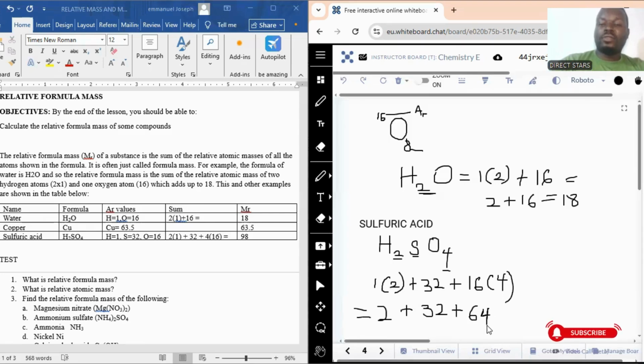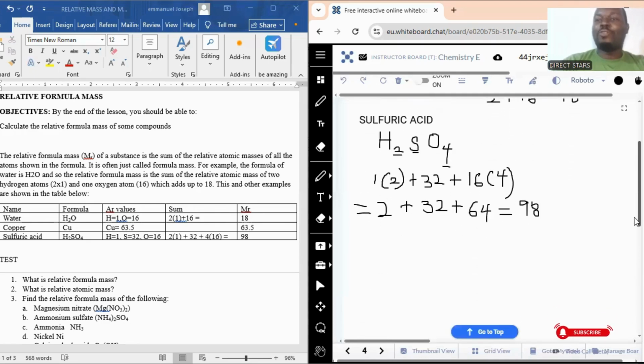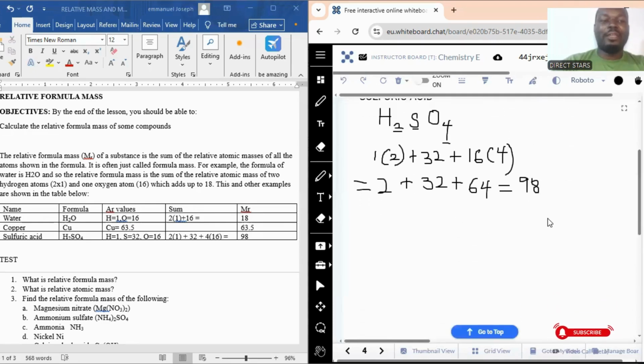Okay, so when you add all this up, you get 98 as the formula mass of sulfuric acid. So class, you can see it's pretty easy getting the formula mass of compounds.